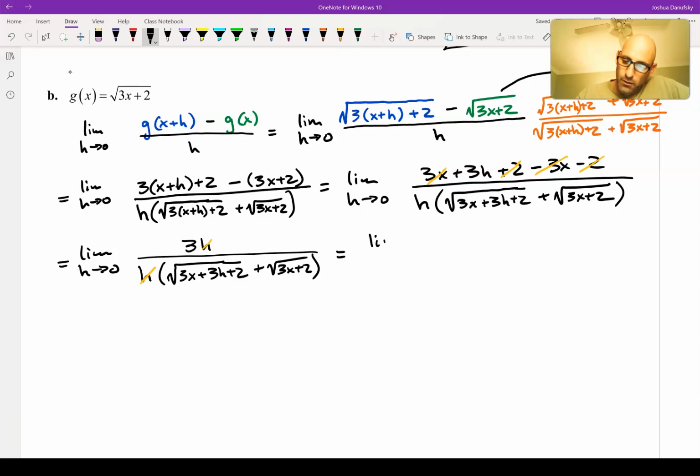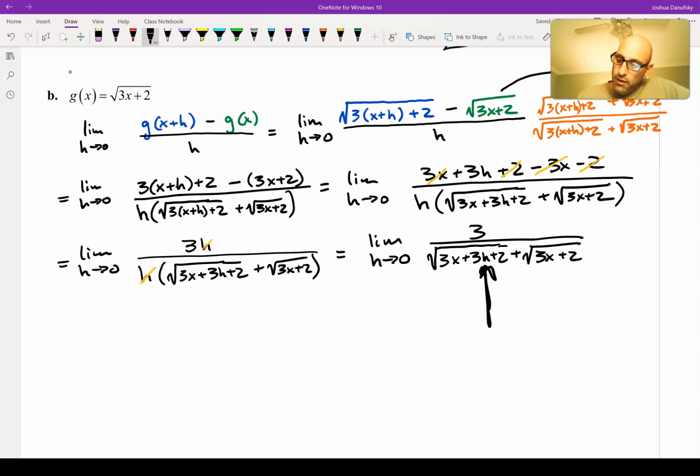So the limit as h approaches 0 of 3 over, let's clean that up a little bit, the square root of 3x plus 3h plus 2 plus the square root of 3x plus 2. All right. Plugging in 0 for h right there, not for x.